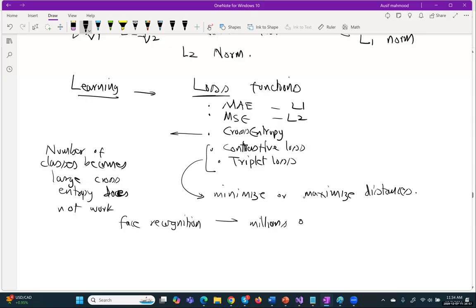Millions of classes are needed. So the bottom line is we need a better multi-class classification loss function.